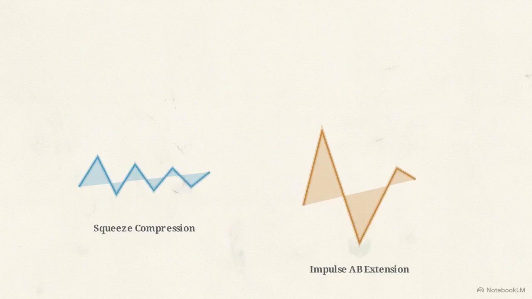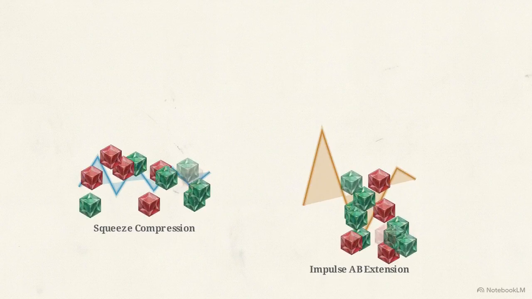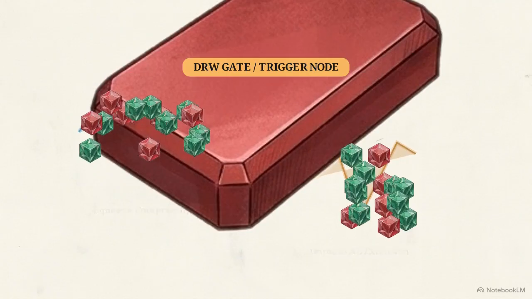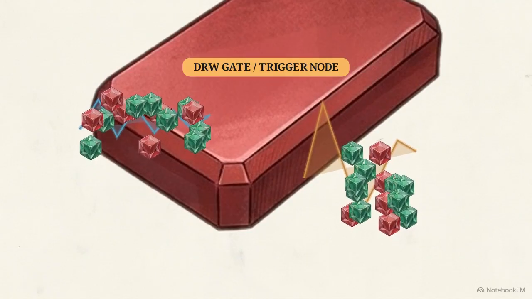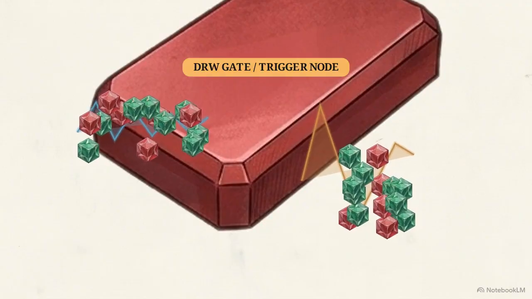Both structures eventually reach a point where the consolidated energy must be released. Price begins to press against a specific upper threshold, the DRW gate. This mathematical boundary is the trigger node, the exact line where concentrated pockets of trapped sell-side liquidity are breached.